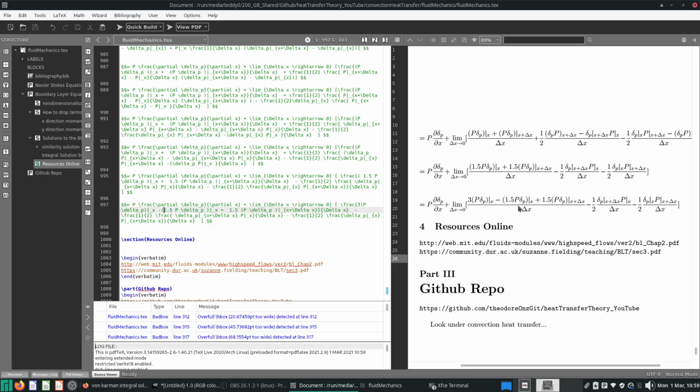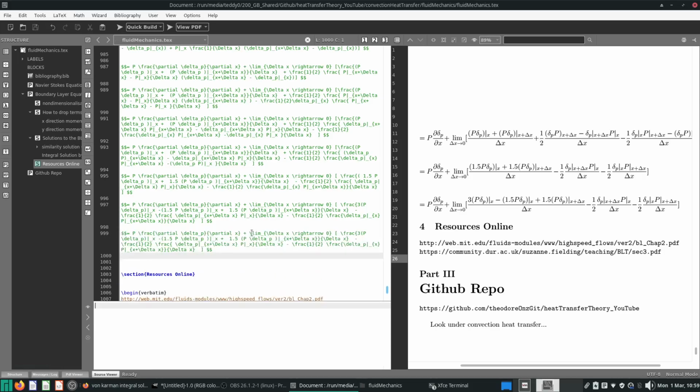Yeah, it's just the full derivative. Partial of p delta p. All right, partial of p delta p. So let's bring that out. Minus fraction partial of p delta p partial of x, and this whole thing is actually 1.5 times, right? 1.5.